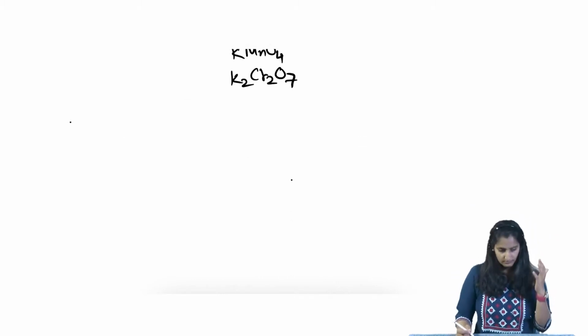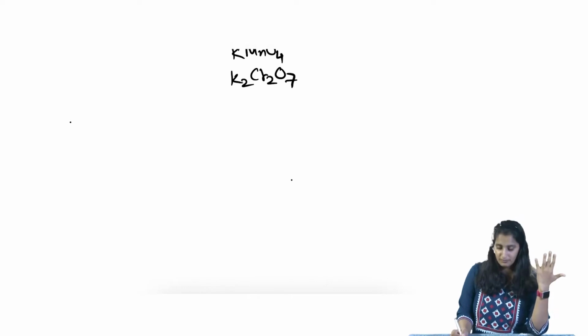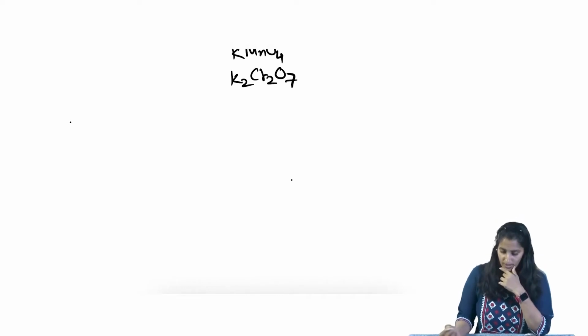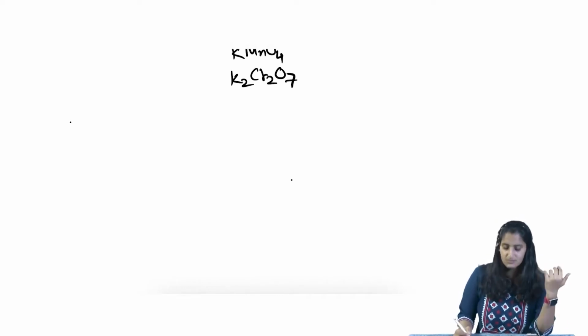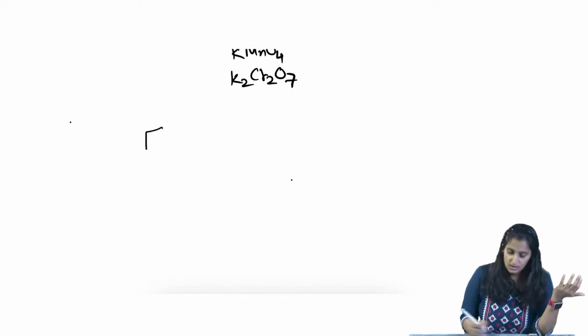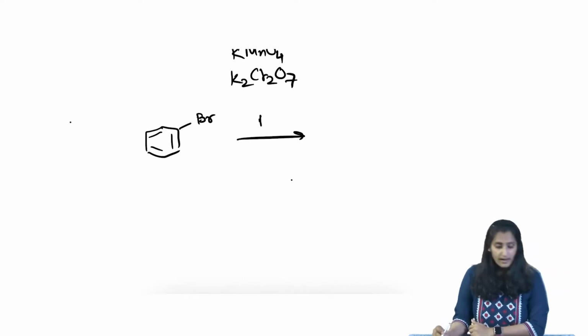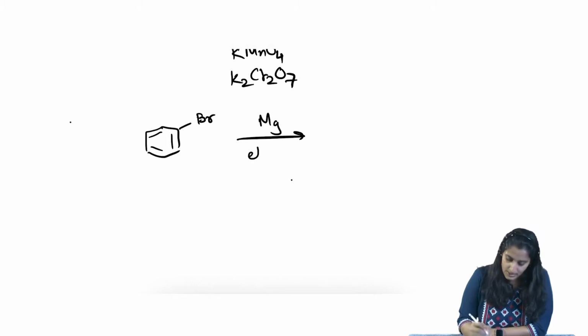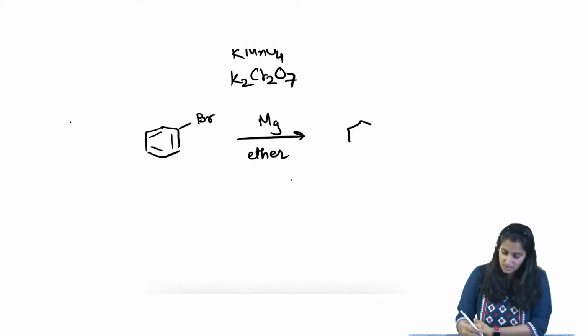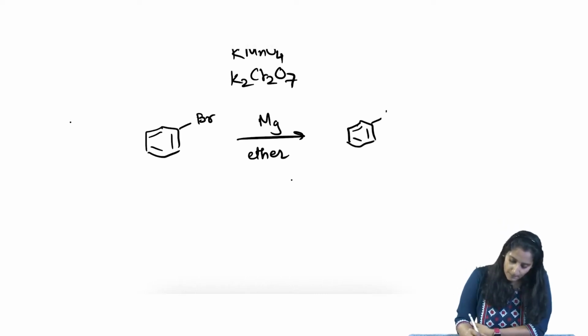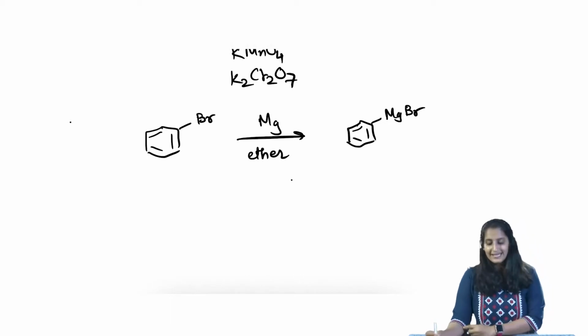Now, let us go towards one more formation of carboxylic acid reaction, and this is with the help of a Grignard reagent. If I take any alkyl halide or aryl halide and treat it with magnesium in the presence of ether, under really dry conditions, we are going to form the corresponding Grignard.